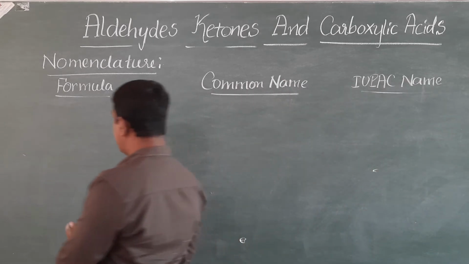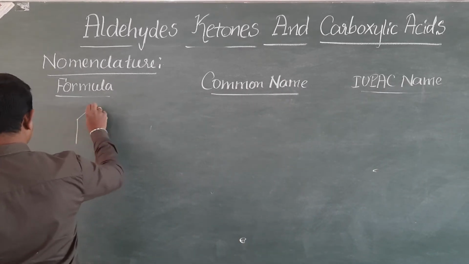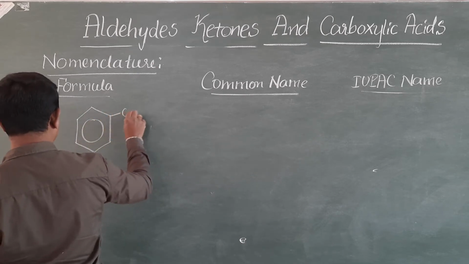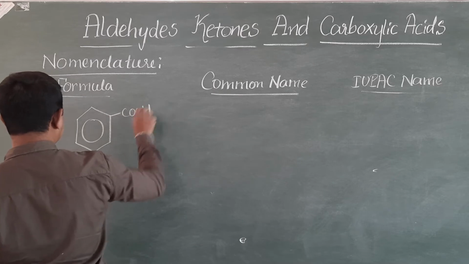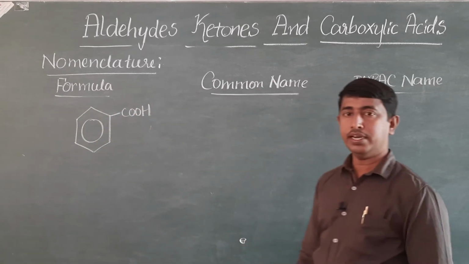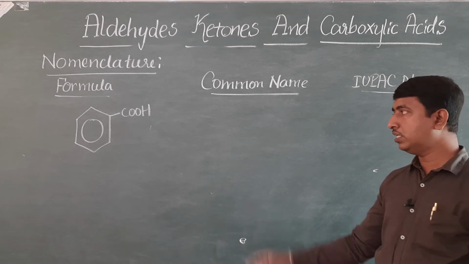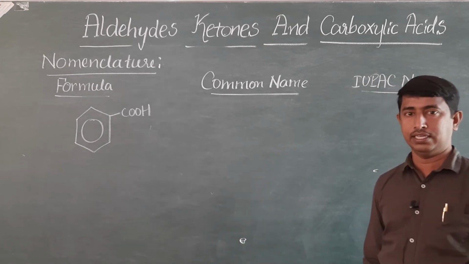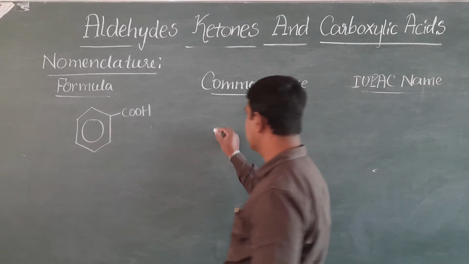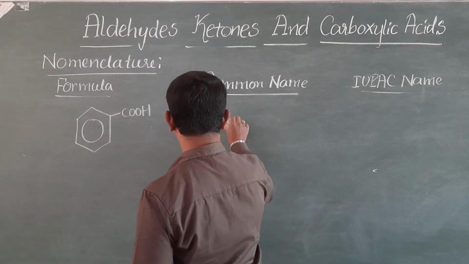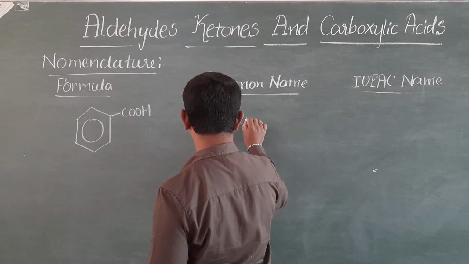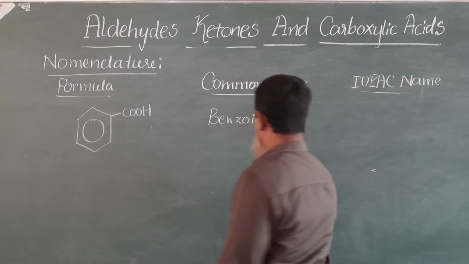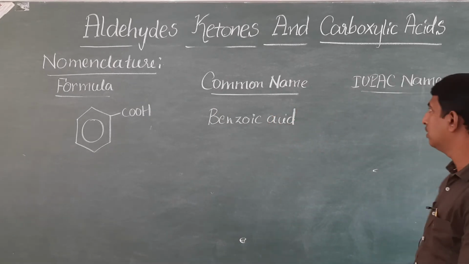We shall consider aromatic acids. Benzene ring containing COOH. Since there is a benzene ring, this acid is considered an aromatic acid. Common name of this acid is benzene plus oic acid, benzoic acid.